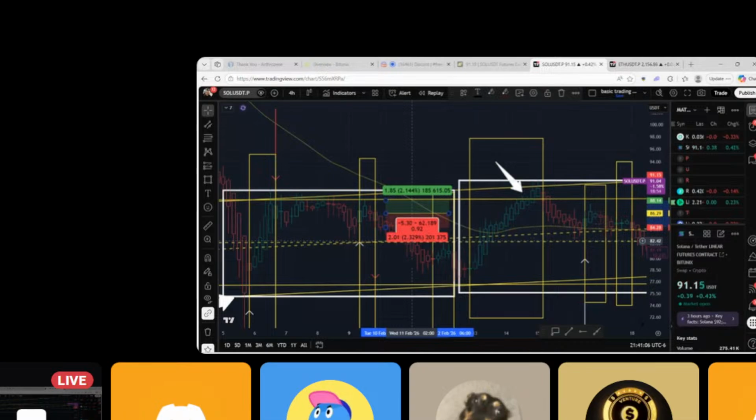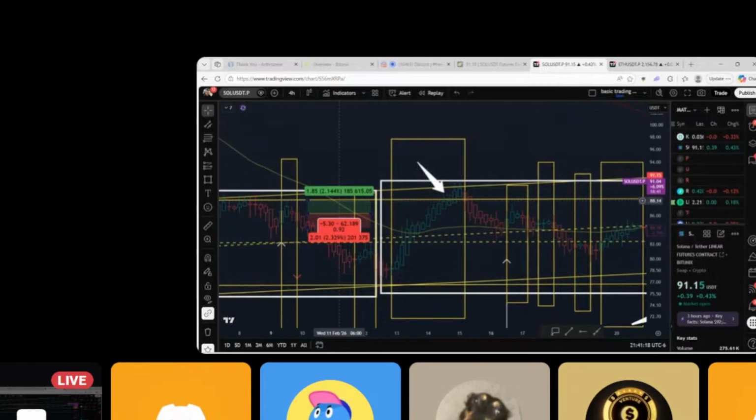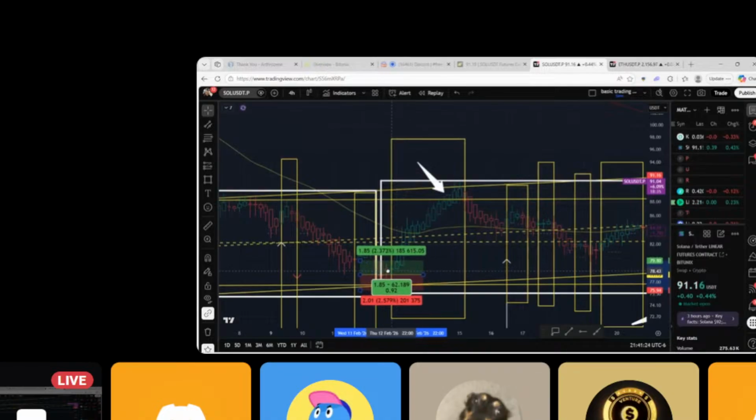If I'm doing 10x, not too shabby, maybe 30% on my 1,000. So now I'm negative 300 and I call it a day. Now I move to my next trade, and here's my box. It happens again. I get a buy signal. It jumps up. By the time the 4 hour comes back around, I'm down again, another 3%. So now I'm down another 300.